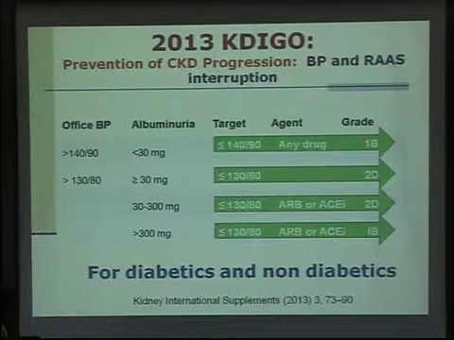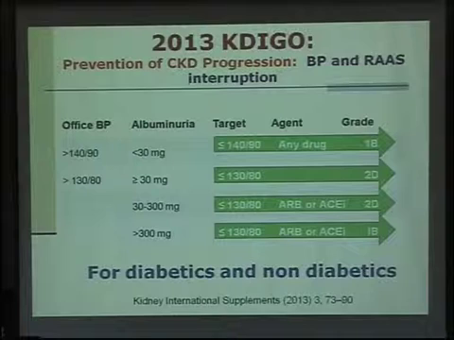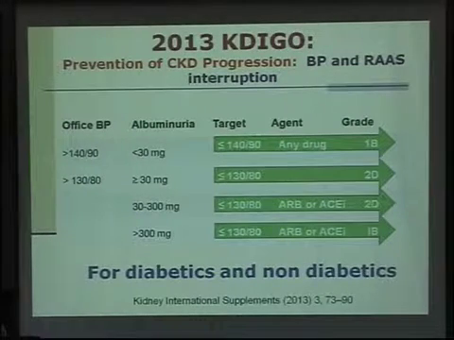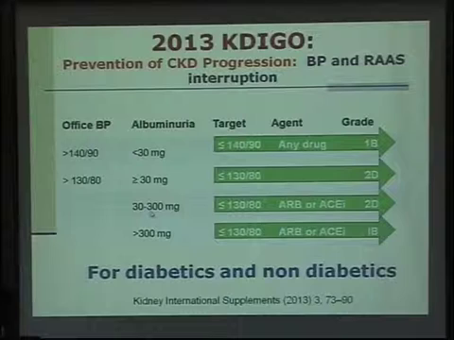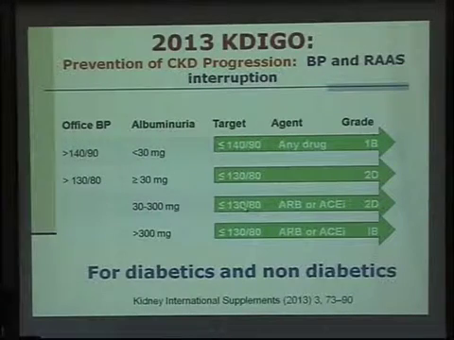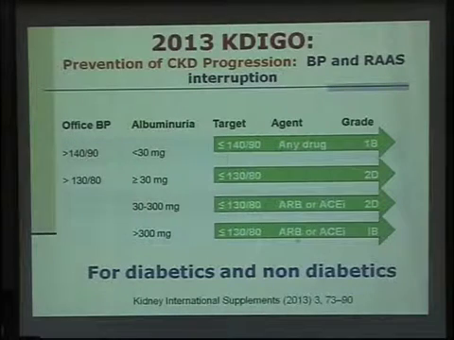So it's very simple now, just look at this screen. If you are in the first row, use any agent to reach 140/90. If you are in this row or that row, here 130/80 is enough. And if you are here, there is a bonus to use this class of antihypertensive.